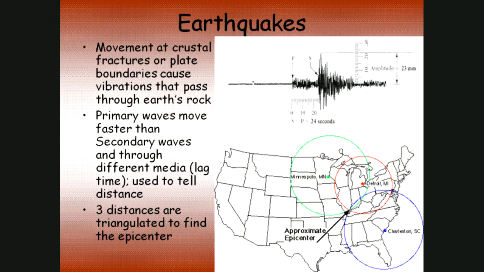By introducing a third station and its calculations and its circle, the three of them come together in one point only. That is the epicenter, the point on the surface of the earth directly above the movement or the focus of that earthquake. Wow. Cool.